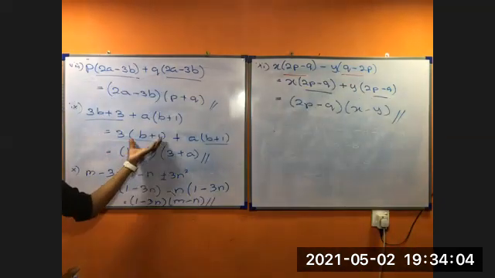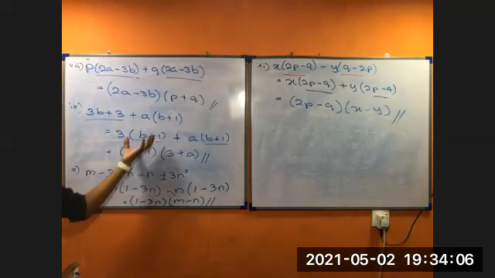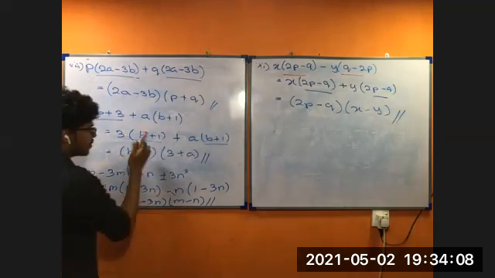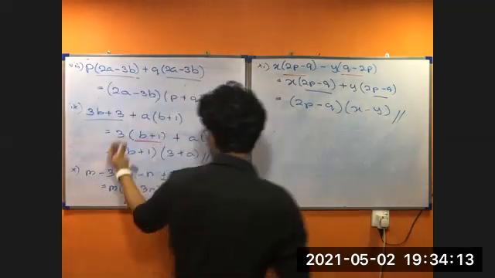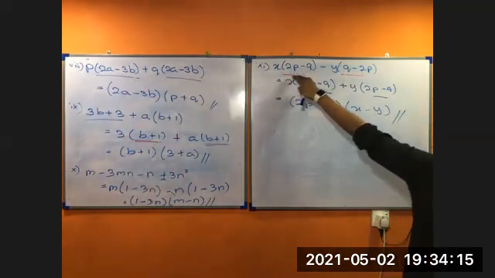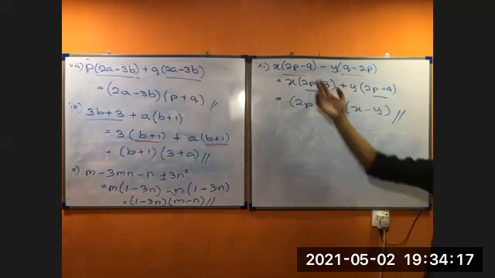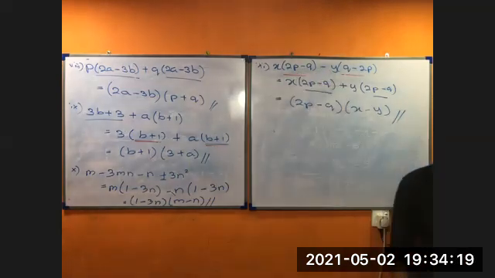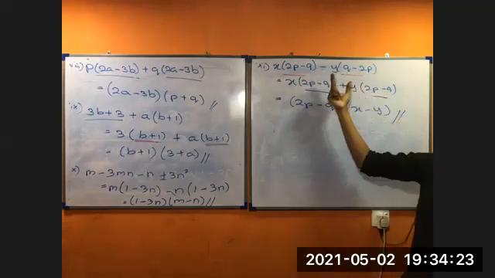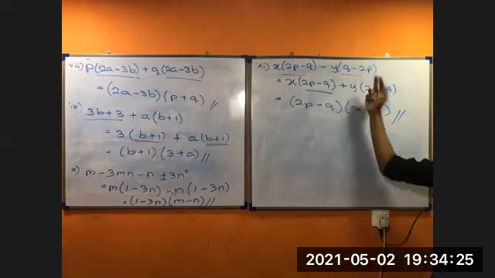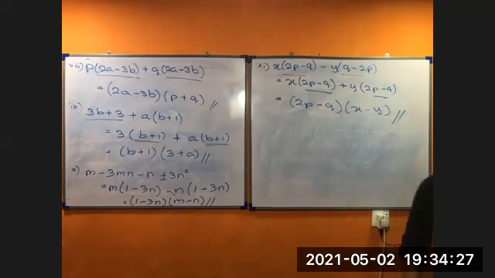Here, whatever b plus 1 it is, you took it outside because they are the same: this one is b plus 1 and this one is b plus 1. So it is common, that is why you took it out. But here they are not common. Here I have 2p minus q, and here we have q minus 2p. So they are not the same.